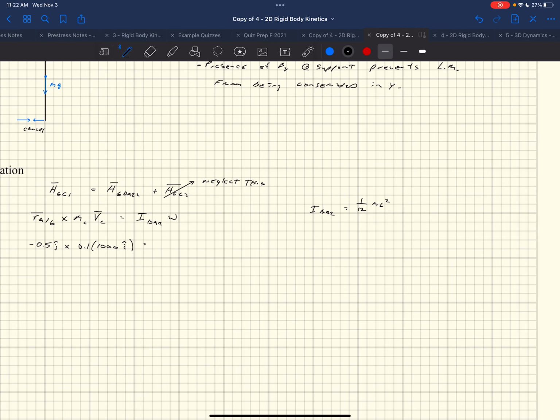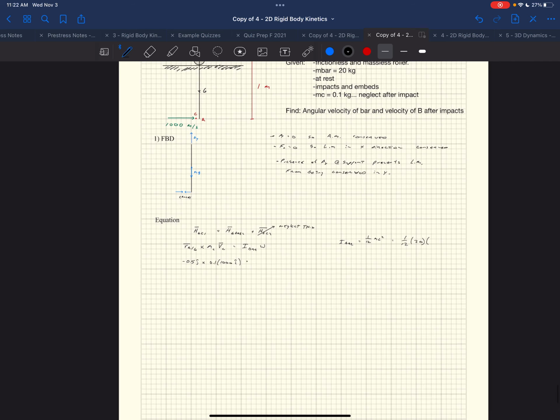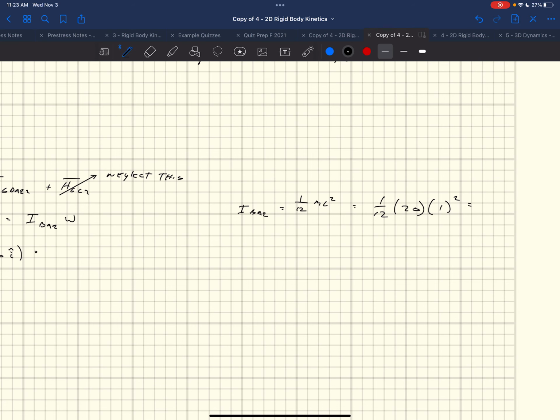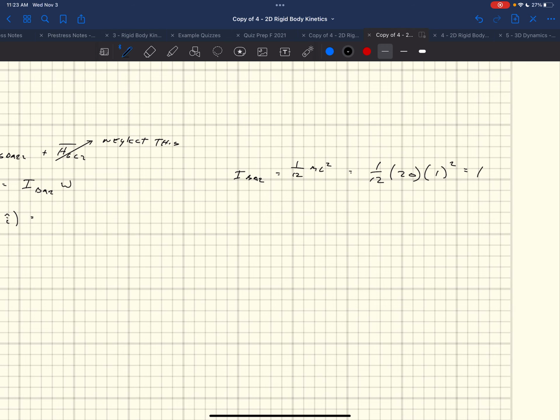This is 1/12 times 20 times 1 squared. Yep, 1.66. I think I rounded to 1.67. So there's my I bar.